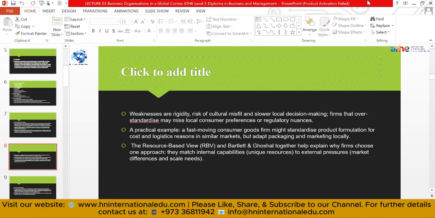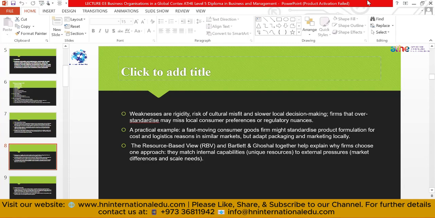The resource-based view RBV, the TD, and the Bartlett-Ghoshal one together help explain why a firm chose one approach, why they opt for one approach. That is, they match internal capabilities, what uniqueness, what benchmarking skills an organization possesses, that is the unique resources, to external pressures, that is market differences and scale needs.